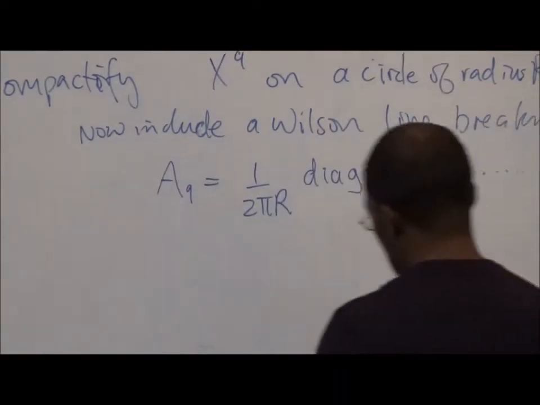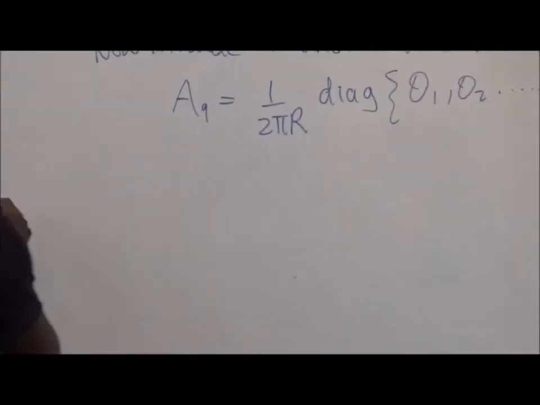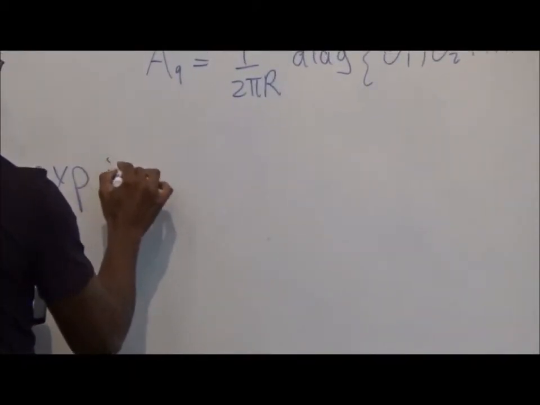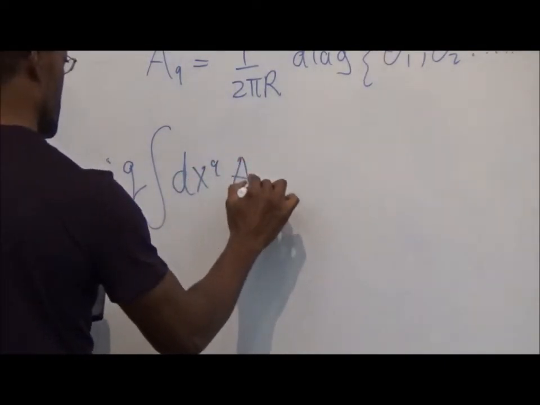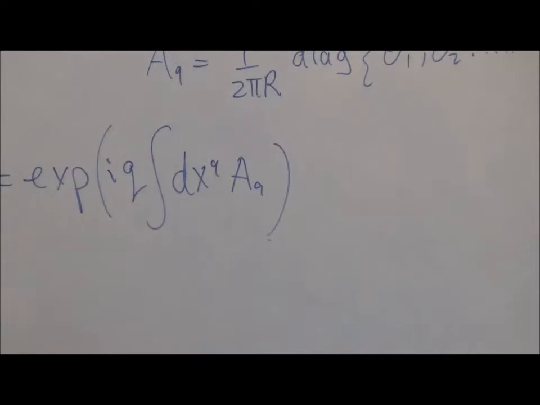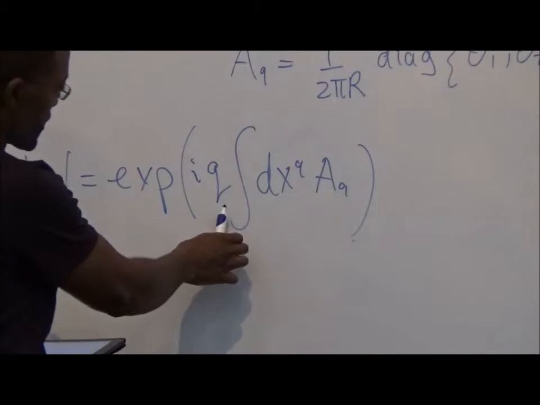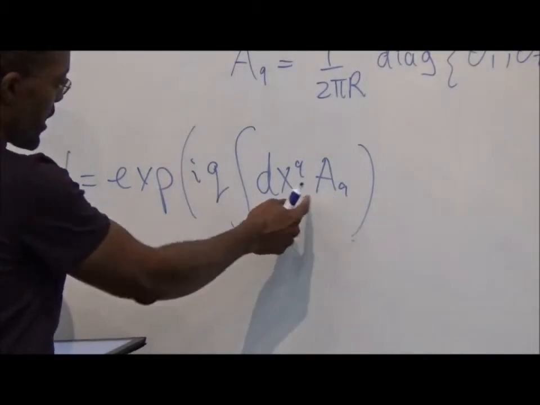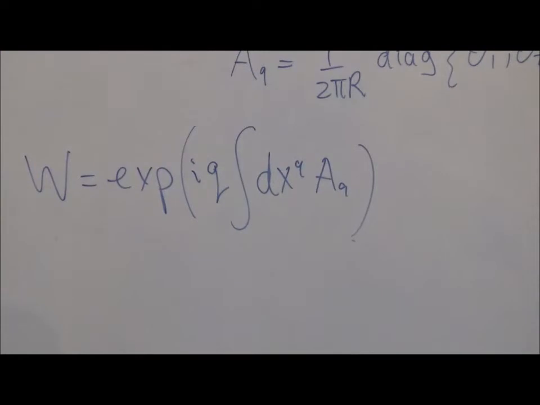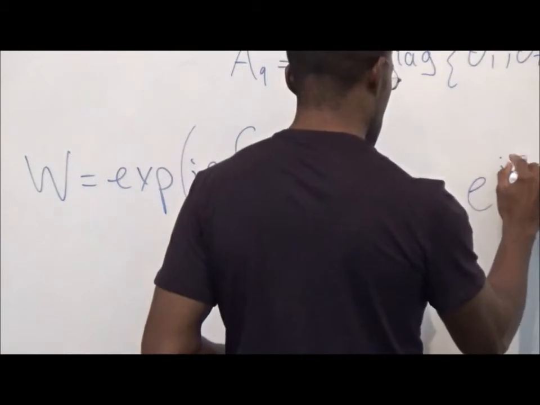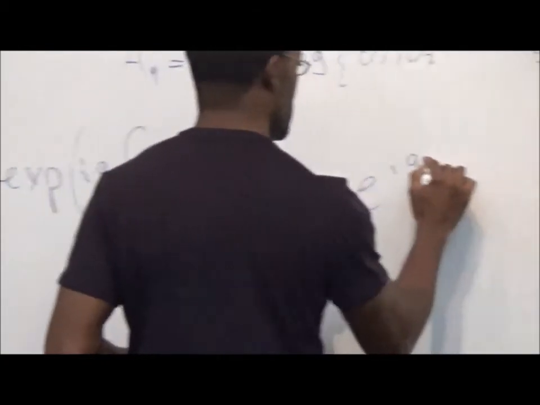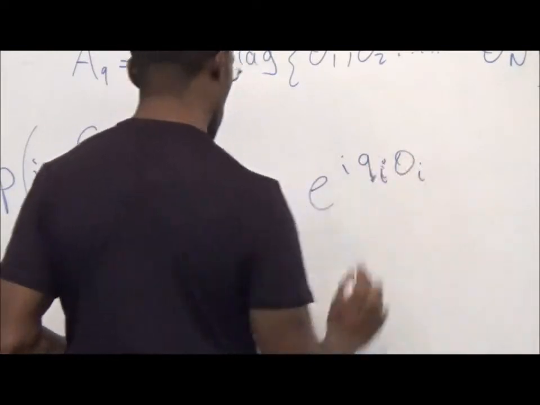So the point is that if I were to continue the story, I write something like this, the path ordered exponential, where a thing that's charged under A9 with some charge Q would have a contribution of that sort. Let me then just be explicit. This would be just the thetas that show up here.